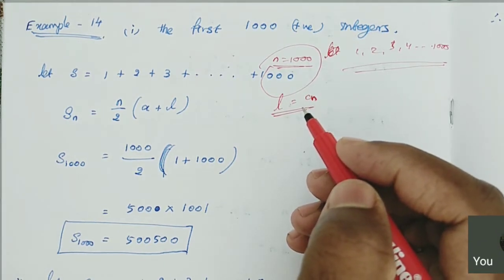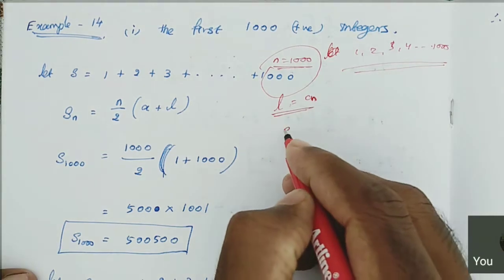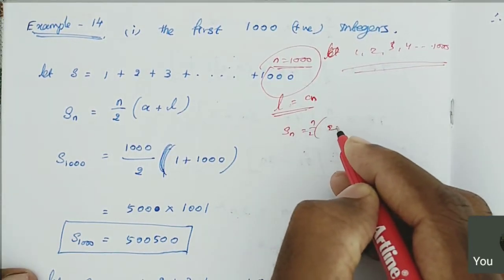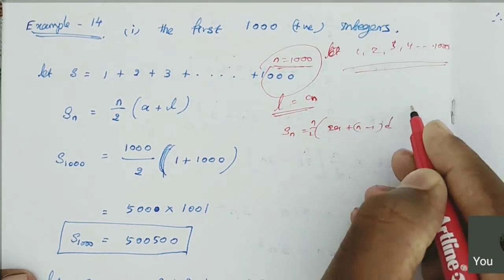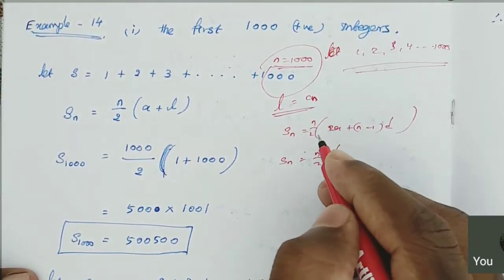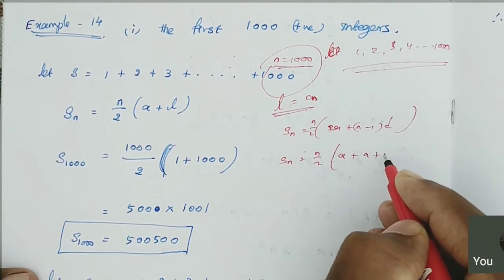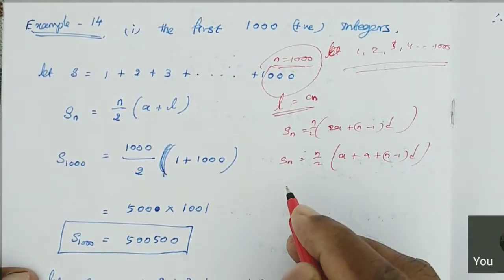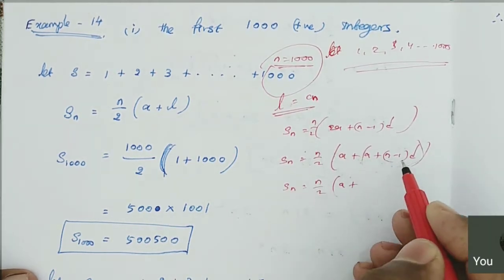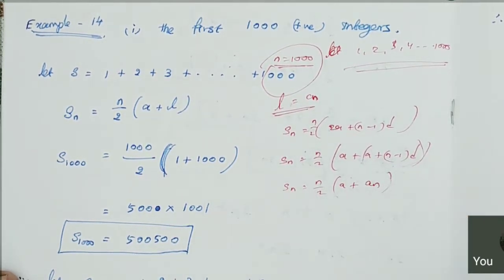Now we know the formula Sn is equal to n by 2 into 2a plus n minus 1 into d, right? So Sn is equal to n by 2. Now the 2a can be split into two parts: a plus a plus n minus 1 into d. Next, Sn is equal to n by 2 into a plus this, a plus n minus 1 into d, which is an, or not?